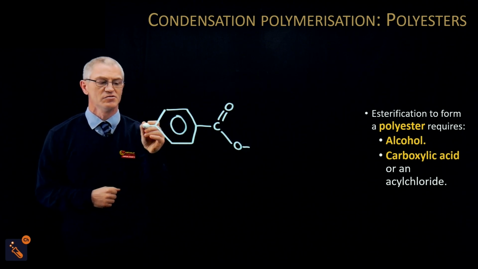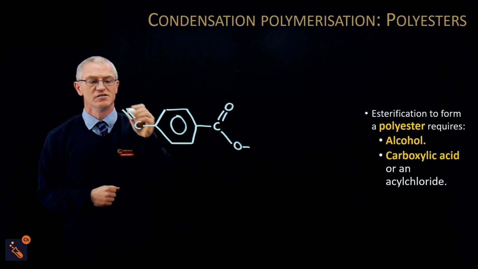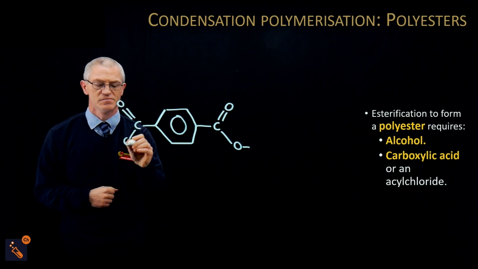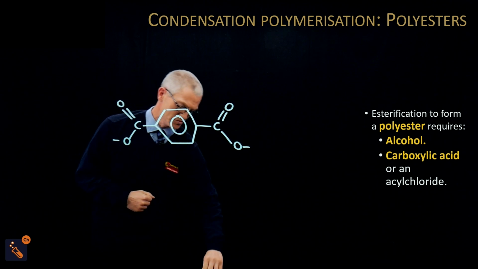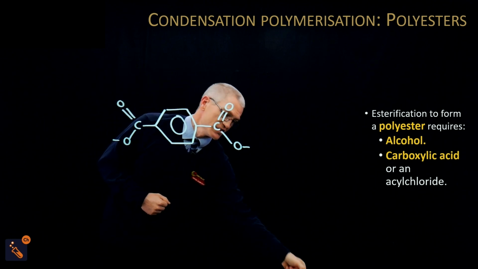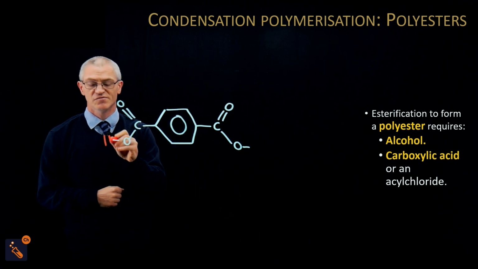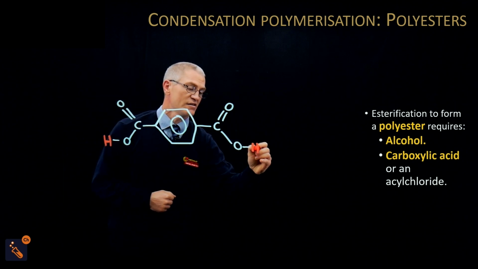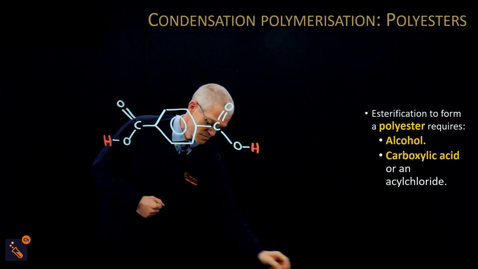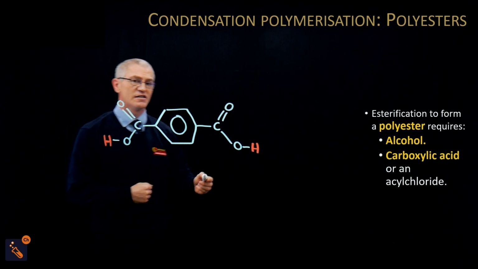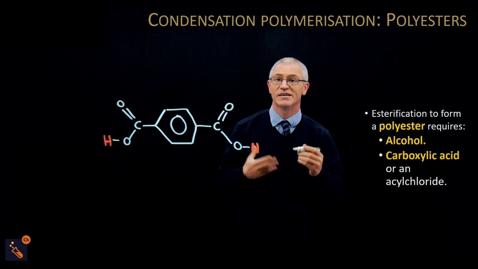Okay. And there's your dicarboxylic acid. Now I'm deliberately leaving the H's, and I'm going to put the H's in red, and I'll explain that in a second. Okay. And then we're going to add that to a diol.